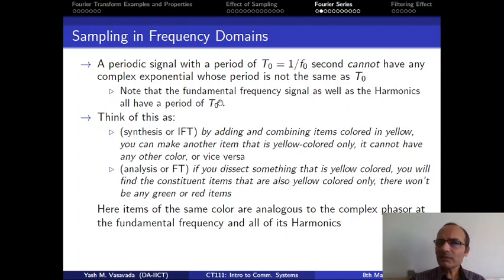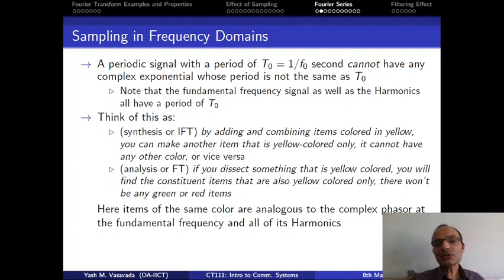If you think about it, it makes sense. If you have a periodic signal, let us say with a period of 10 seconds, the only way that you can synthesize that periodic signal is by taking other periodic signals whose period is also 10 seconds.